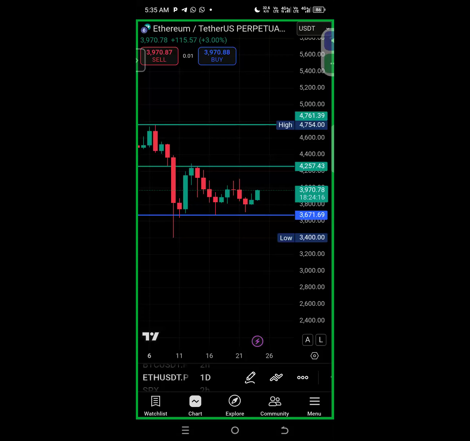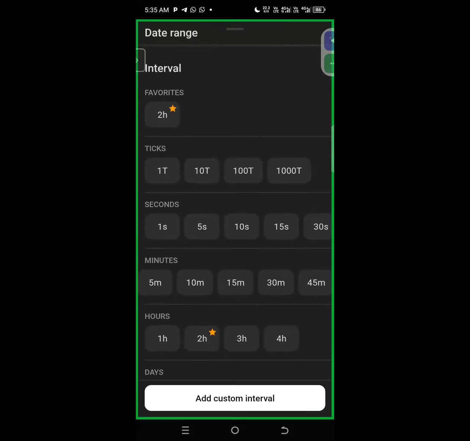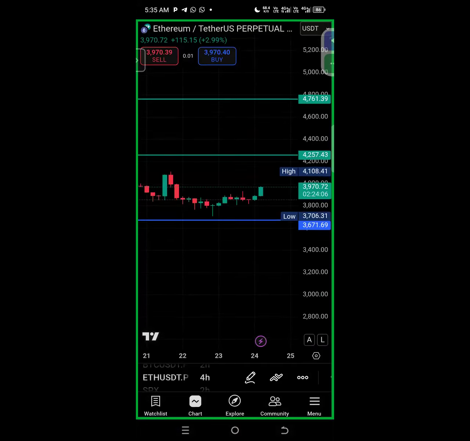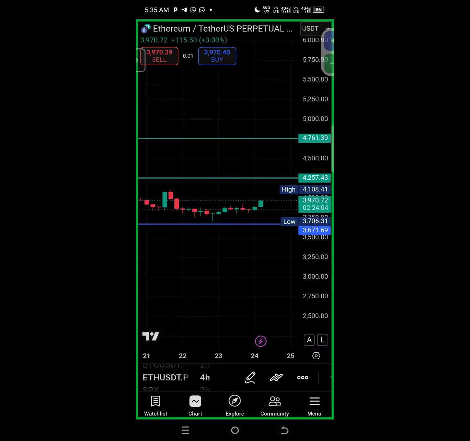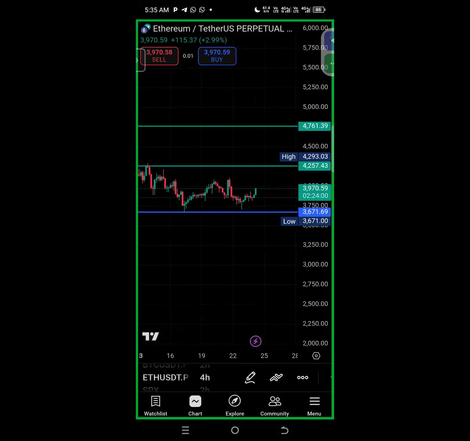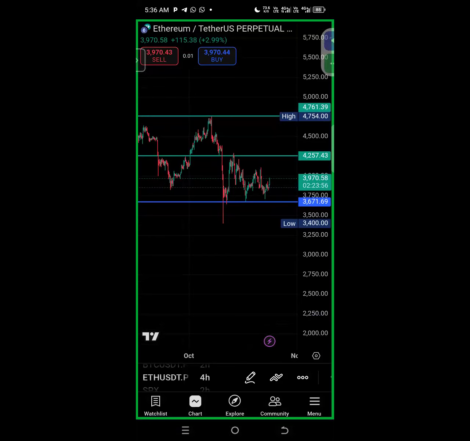Well, getting back to the 4 hour time frame, what could help us most is that we would be able to get a better picture of what has happened previously and what could happen.